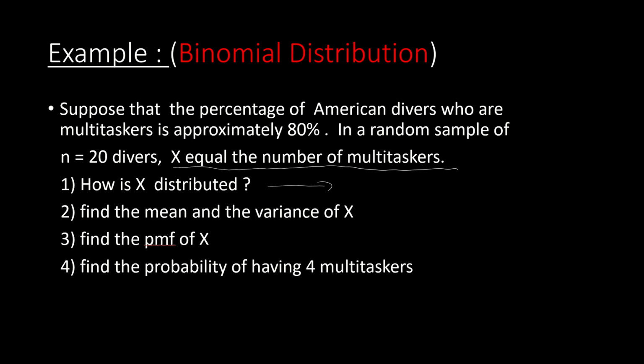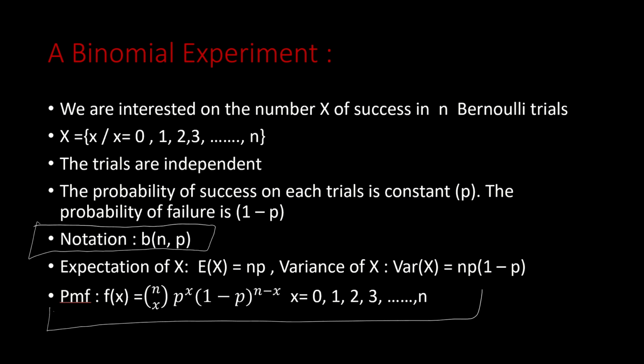So in this case, the probability p equals 0.8 again, but the difference is the probability mass function here: f of x equals n choose x times p to the x times 1 minus p to the n minus x.